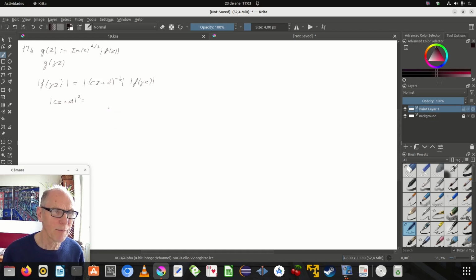Let's split it into the real and imaginary part. So we write z as x plus iy, where x and y are real. Now, I think I've misunderstood this totally.